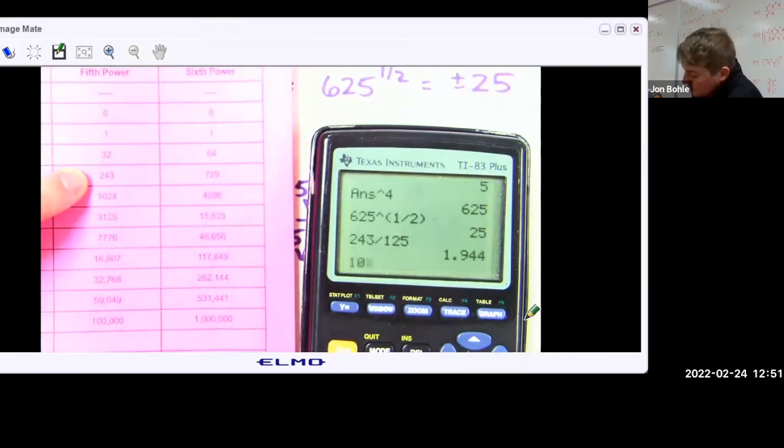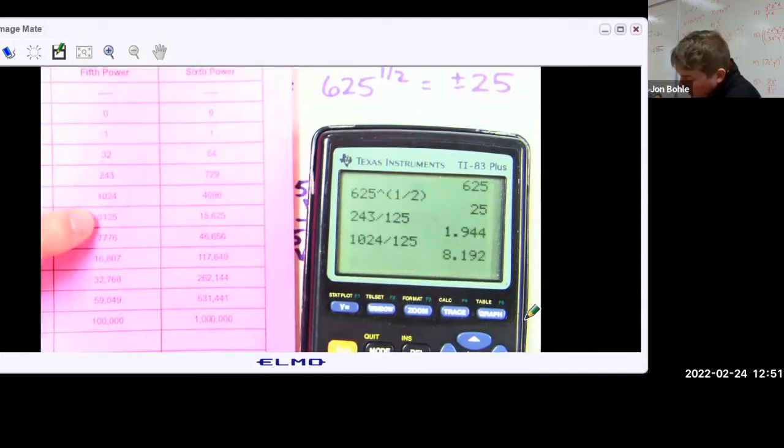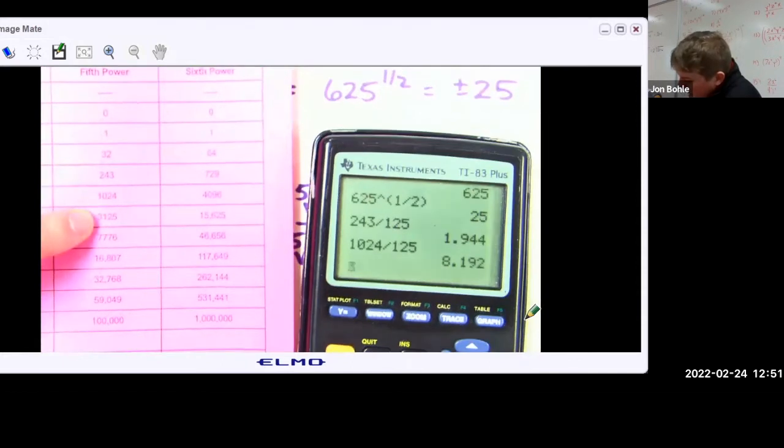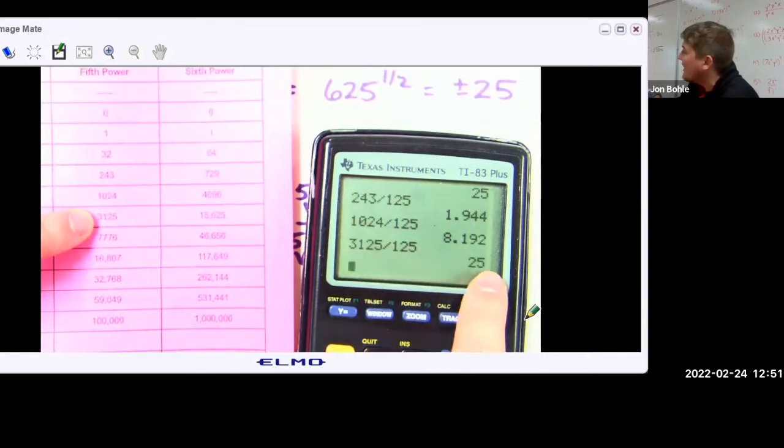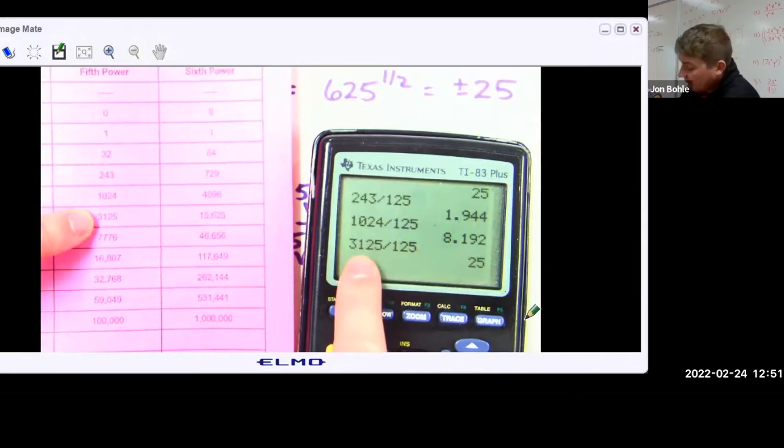Then I'm going to take 1024 and divide it by 125. No, 3125 divided by 125, and I do get a nice neat whole number. So I can make 125 a perfect 5th power by multiplying it by 25 to get 3125.